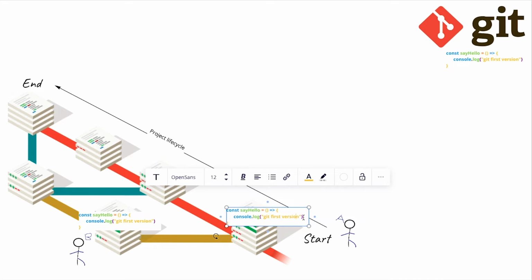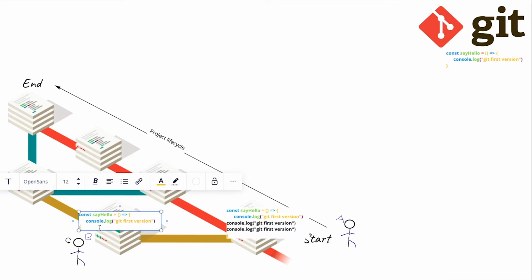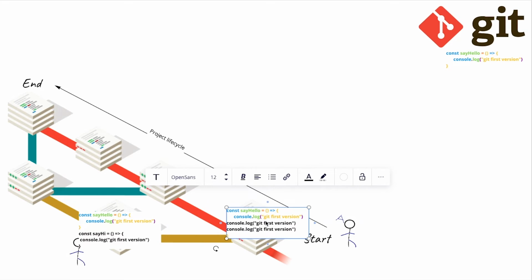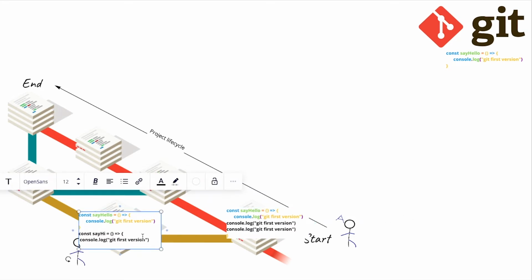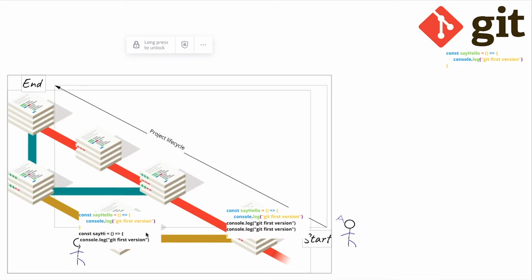So if I do changes here, let's say again, I added some console logs, but this one creates a new function. Okay, so now what we see, we have two different things, and let's say this person continues and likes the version that he created.